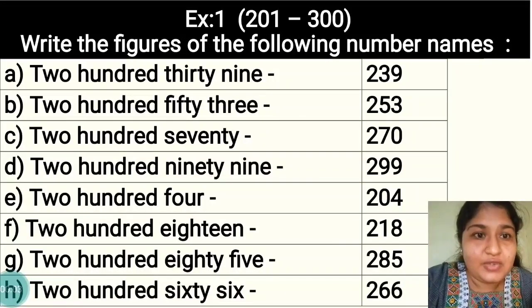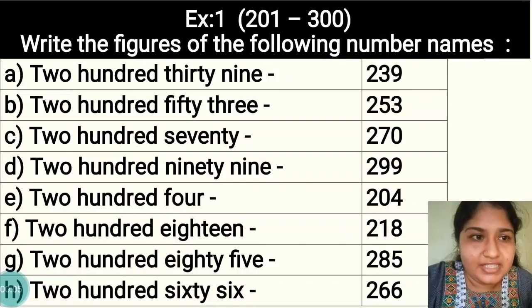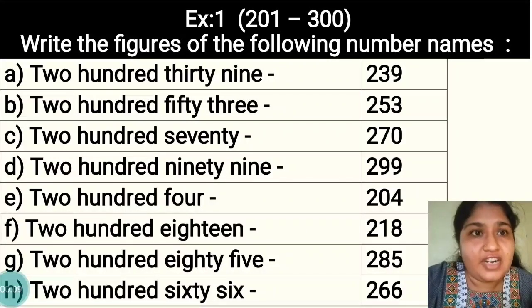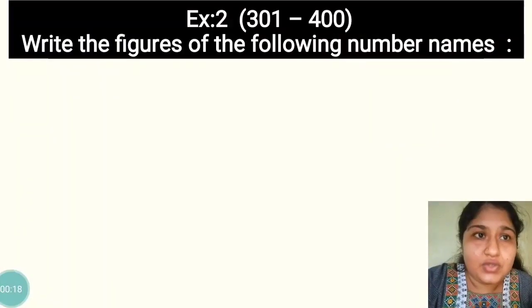And the last is 266, that means it is 266. So students, in this exercise, different number names were given from 201 to 300, and we have to write down their figures. Now we will continue with exercise 2.